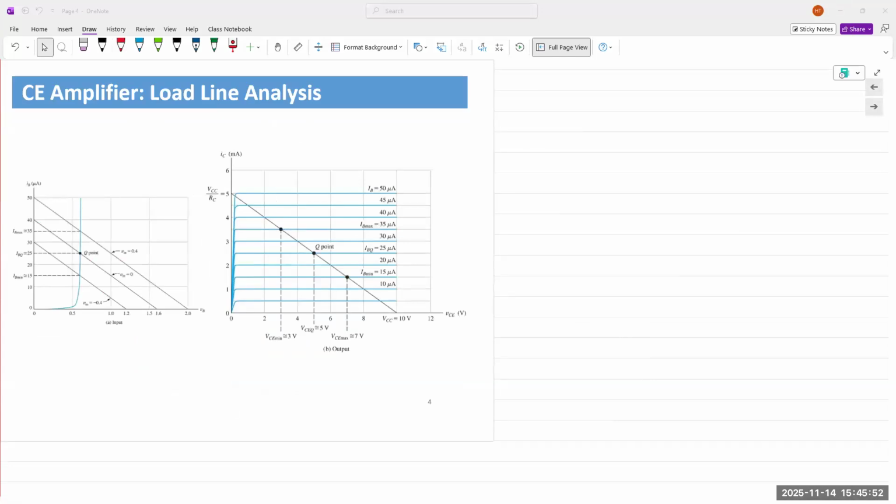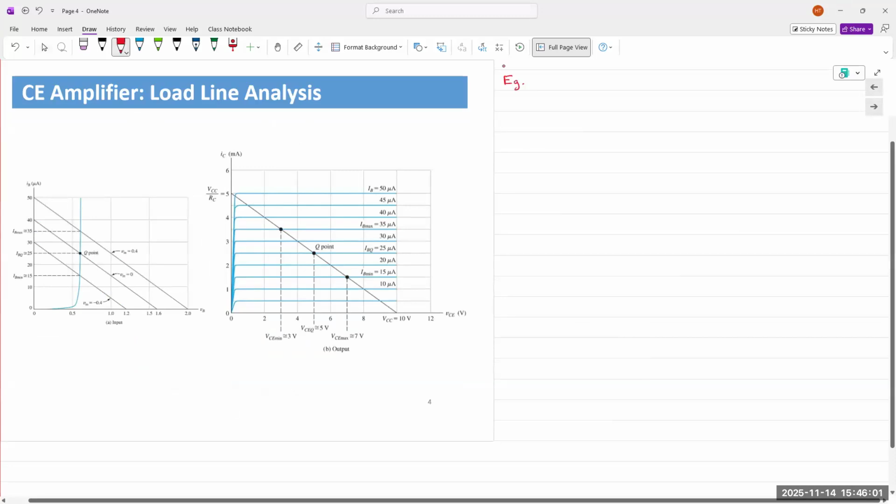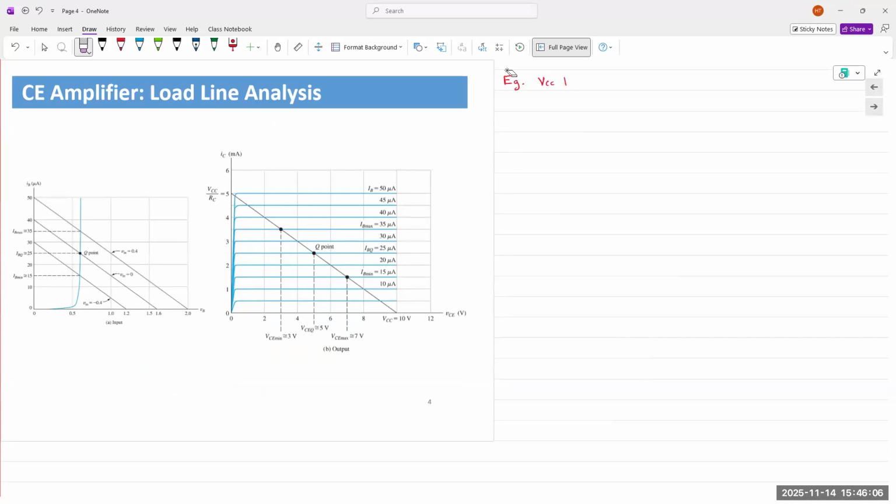So we are provided with VCC of 10 volts. It's the same circuit as the previous one. VCC is 10 volts. VBB is 1.6 volts. RB, the base resistor, is 40 kilo ohms.